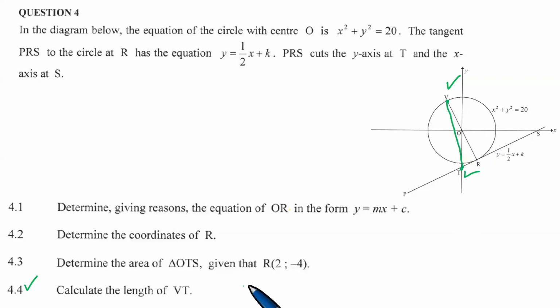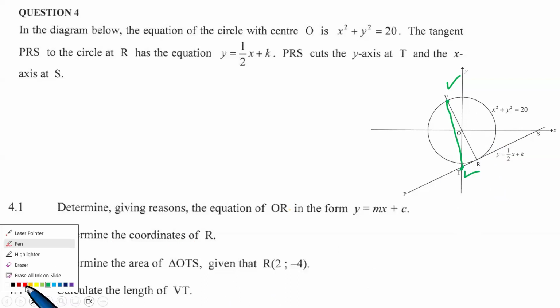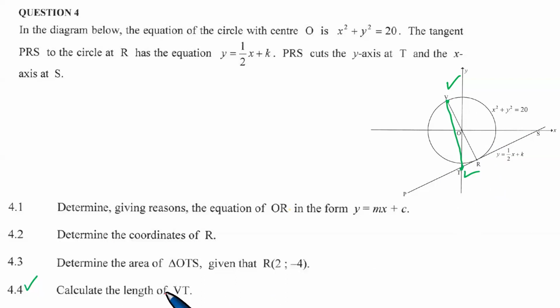What is that distance? Let us find the length of VT. A couple of things we know. We already know the coordinate of T because we know the equation of this line from the previous question, and it is y equals 1/2 x minus 5.